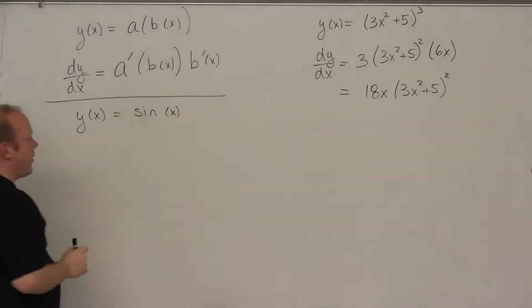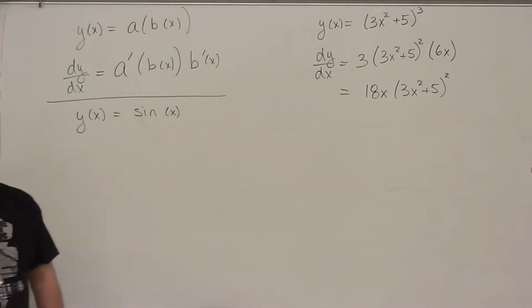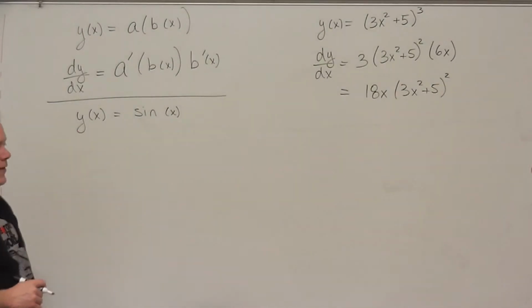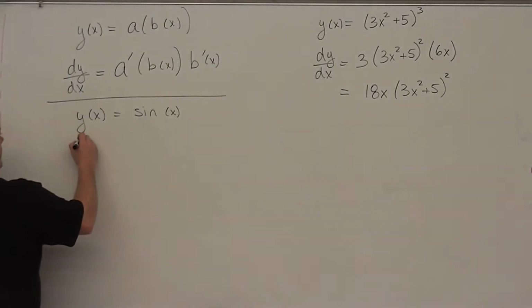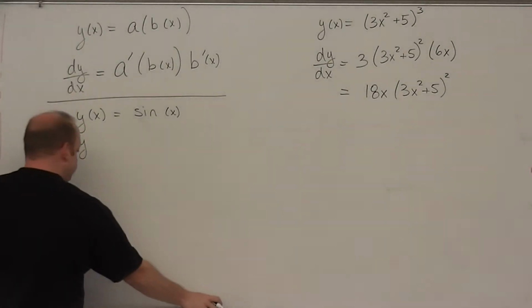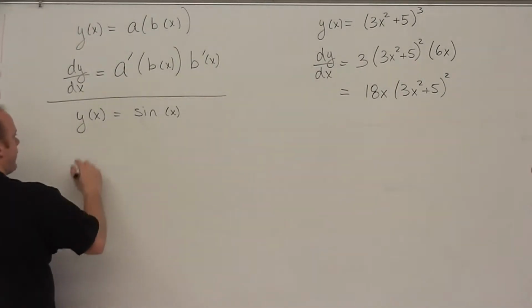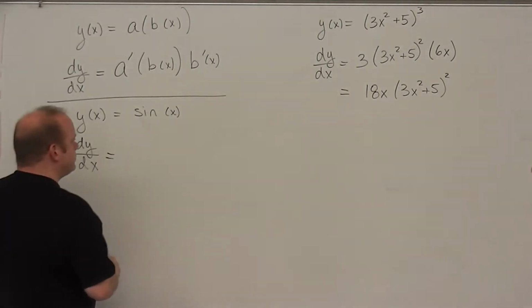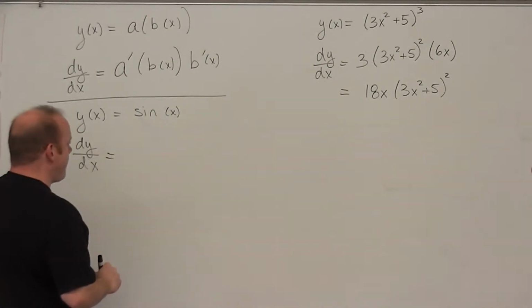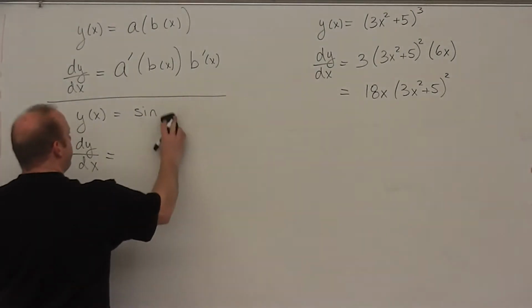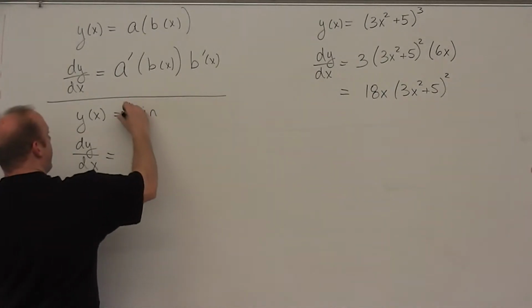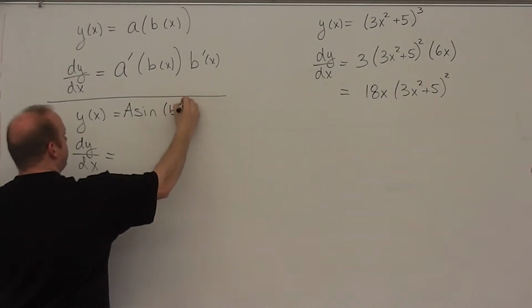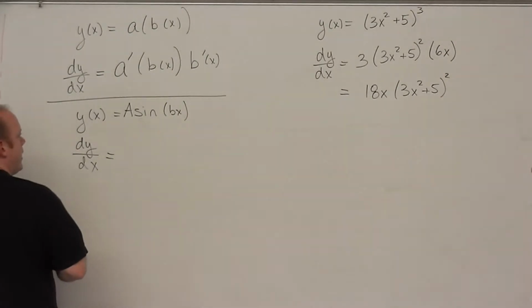You're going to spend a lot of time in your math class doing this by definition, but we don't have to go through all that. This is sort of a specific and a general case. I'll make it a more general case: a sine of bx.